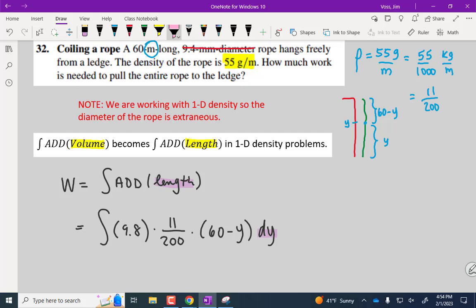If it's at a height of y and you drop it, how far does it travel? y. If you just replace this with y, you'll get the same answer, because that just changes your perspective to dropping the rope instead of coiling the rope up. But you'll get the same answer in this case, because there is the symmetry thing going on.